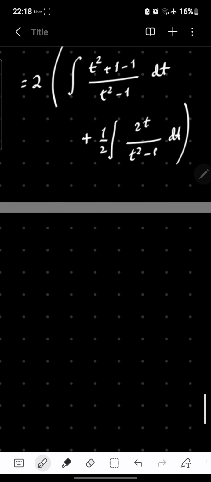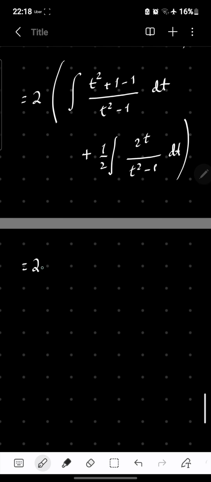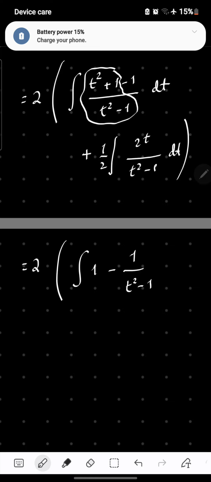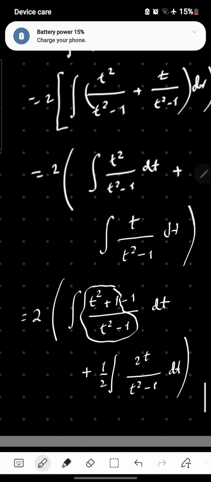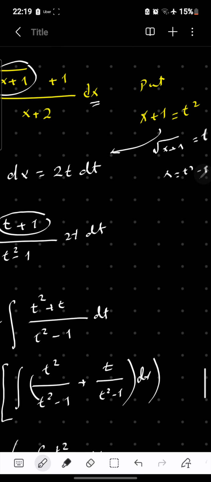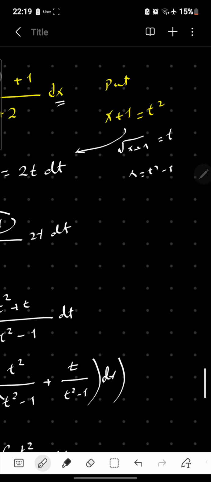Let's see. The first one is equal to, let's distribute, t squared plus 1 over t squared plus 1 is 1, minus 1 over t squared minus 1. So minus 1 or plus 1.